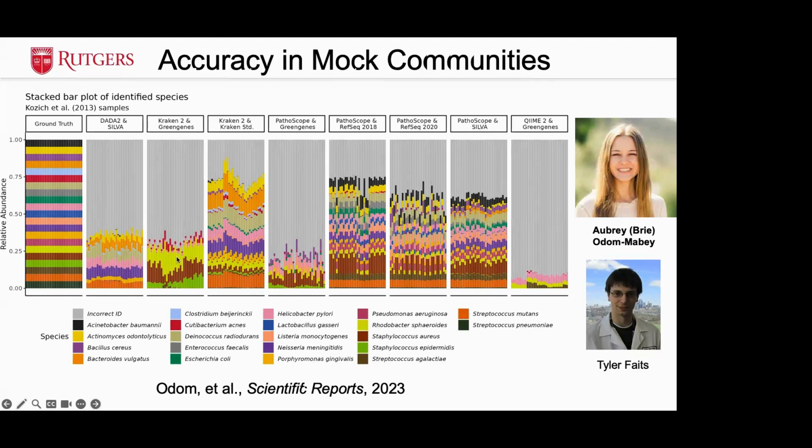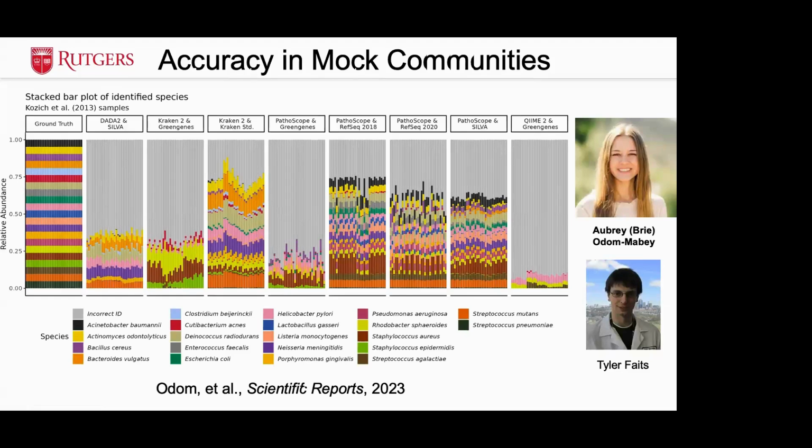Okay, so some of these methods don't do very well. Some of them start to look like they're doing okay, right? Maybe that looks something like this. But if you can see, there's a lot of room for improvement in these algorithms. And some of these more common approaches, like this QIIME 2 approach or this Data2 approach, they're just not doing a very good job at identifying species in these samples. Okay?